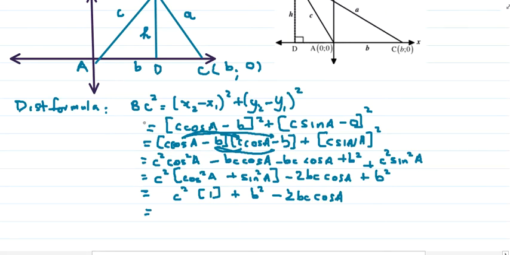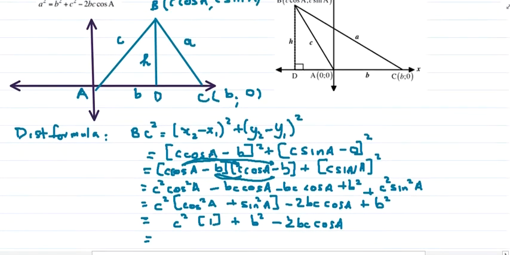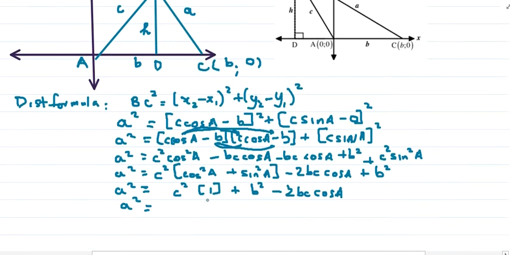Now note that BC squared is in fact our lowercase letter a, so that's a squared. We can write that there. And if you look at our last line, c squared plus b squared minus 2bc cos A, which we can write as b squared plus c squared minus 2bc cos A, is equal to a squared.